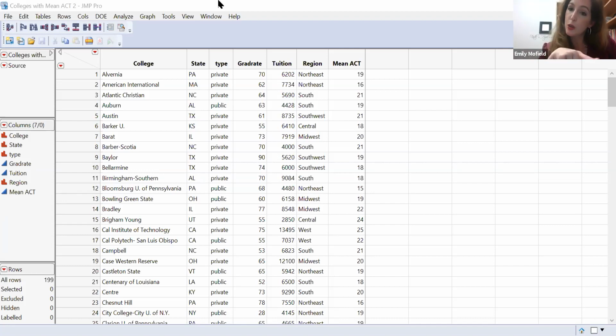But I want to show you something really quickly, something I notice people mess up on a lot. You've got to make sure your data set is correct, where you would have your groups set as nominal variables in one column.